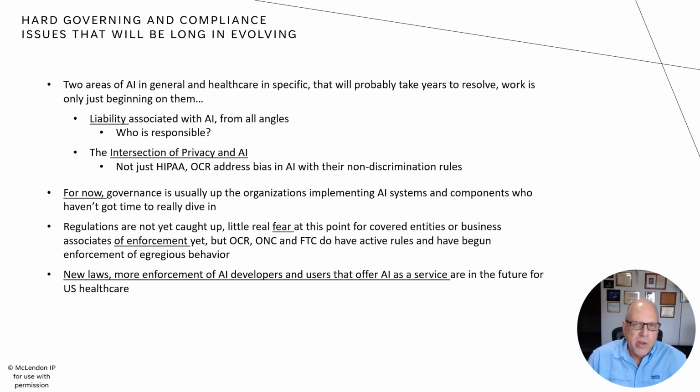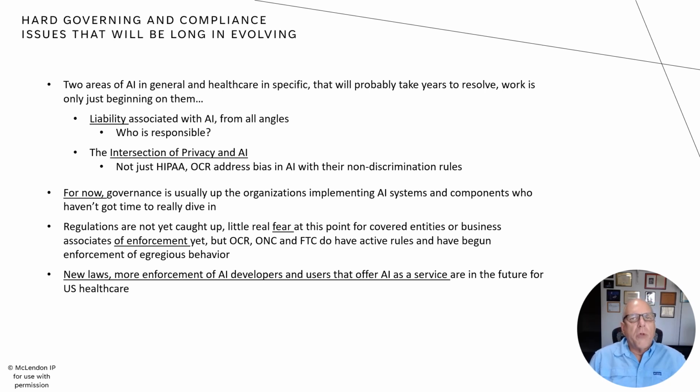There's not much fear in the industry for covered entities or business associates of enforcement other than what HIPAA might do, or the Office of the National Coordinator, ONC, or what the Federal Trade Commission might get into, although they typically don't do a huge number of cases. But those agencies do have some active rules.